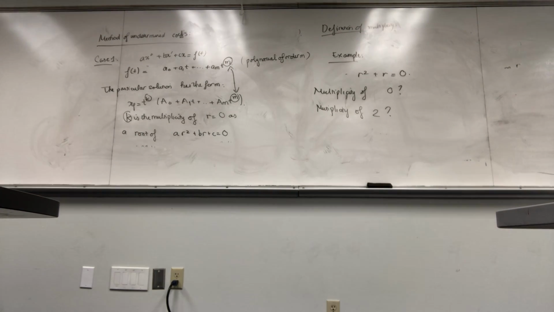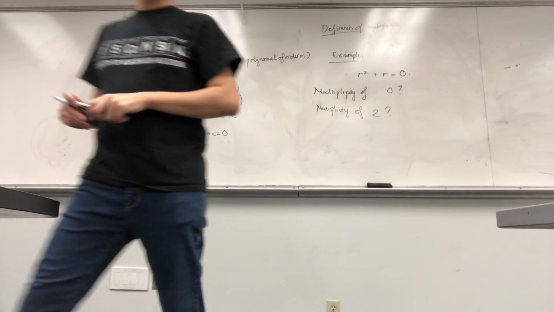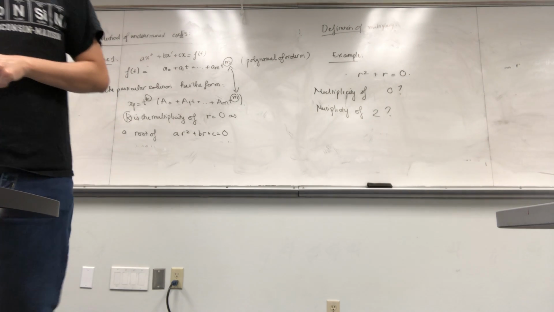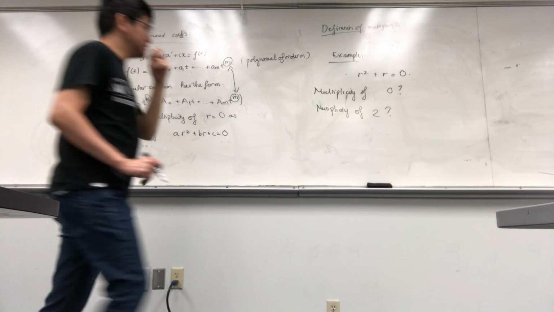So now, I have an equation, r squared plus r is equal to 0, and I want to consider the multiplicity of 0 as a solution of this equation. So what is the multiplicity of 0 as a solution of this equation?